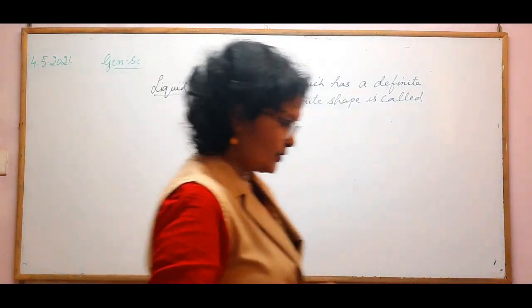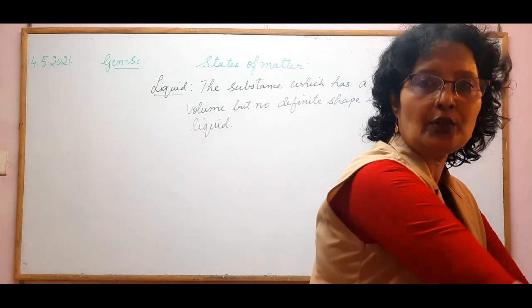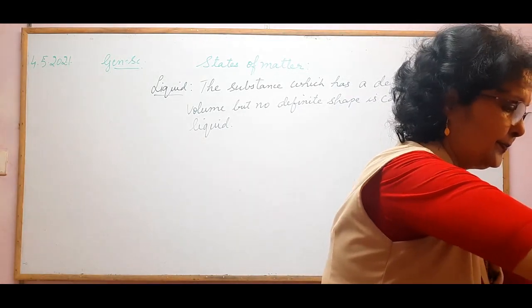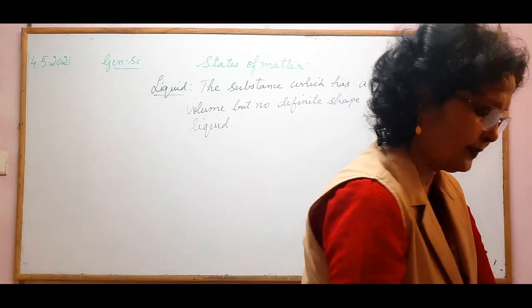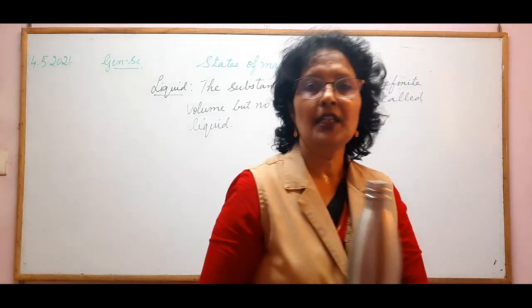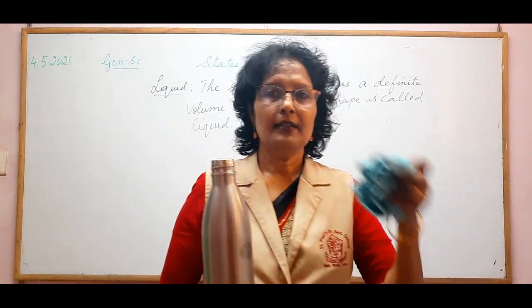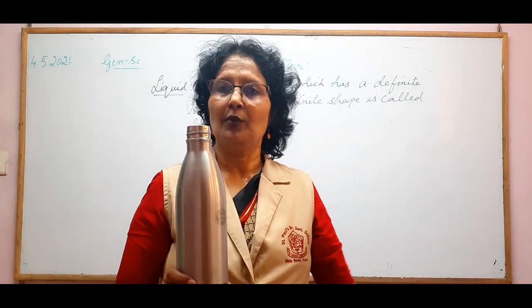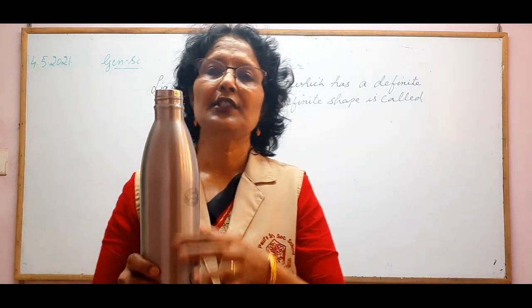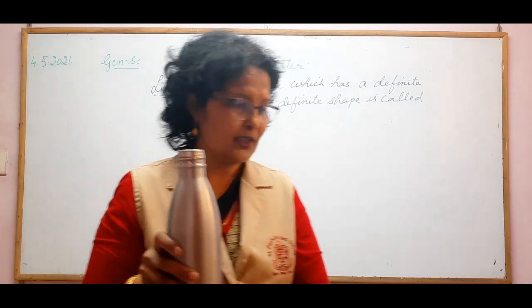Okay. So I'll just show you an example. Now see, there is water in this bottle. Is that clear? There is water in this bottle. So the water is in the shape of the bottle.